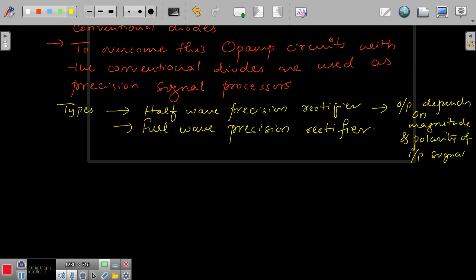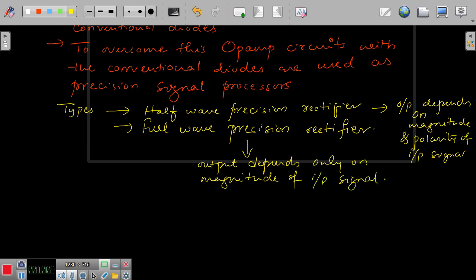Whereas as long as the precision full wave rectifier is concerned, your output depends only on the magnitude of the input signal. So this is what is very well known to you, right?